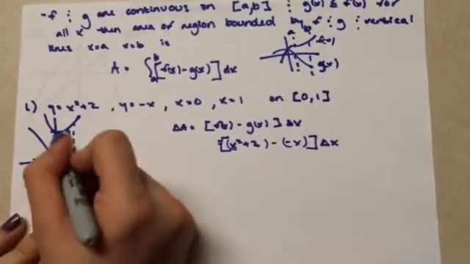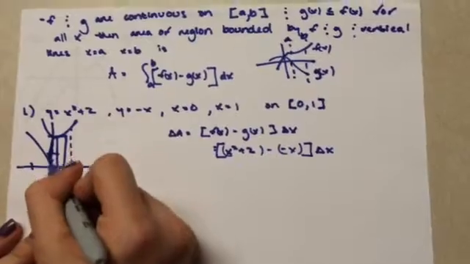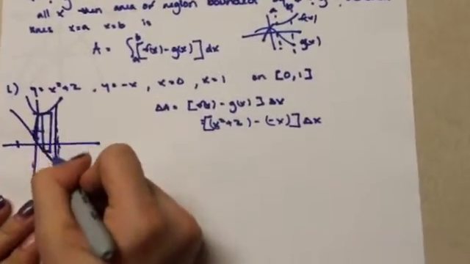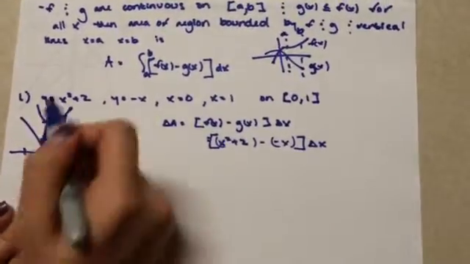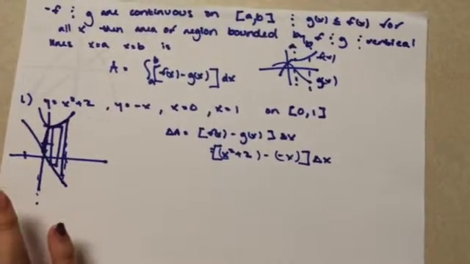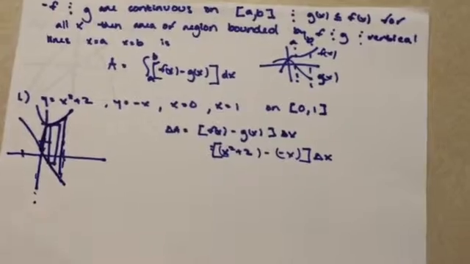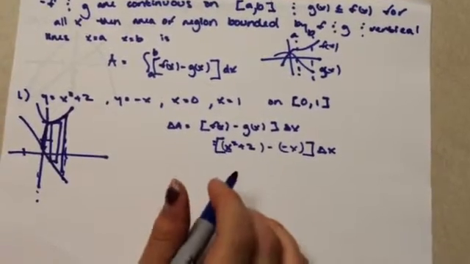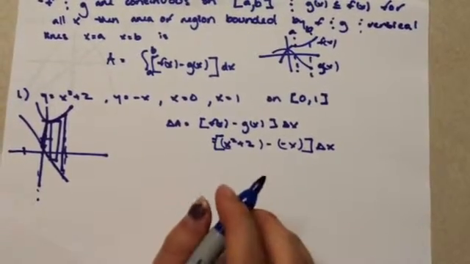So this whole section is the area that we're looking for. And right here, this is our representative rectangle, and that helps us define whether this is a dy or dx problem and how we're going to go about solving it.